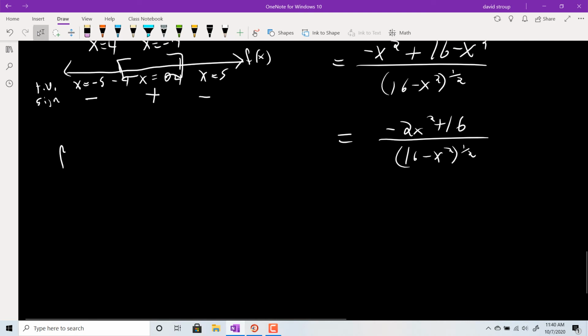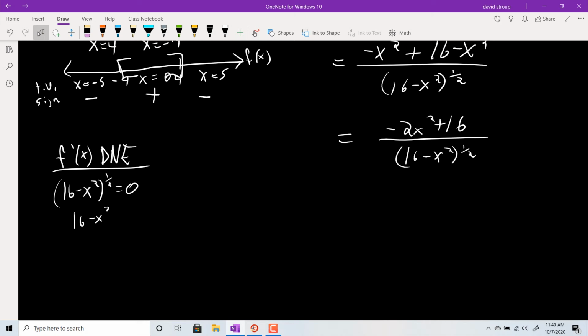So where this derivative does not exist, that's where the denominator is equal to 0. Square both sides. And those are at endpoints, so we're not going to worry about those.